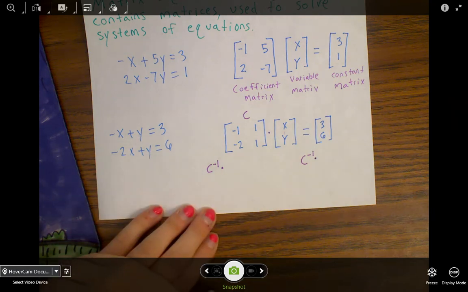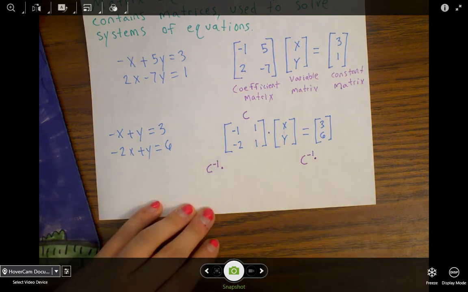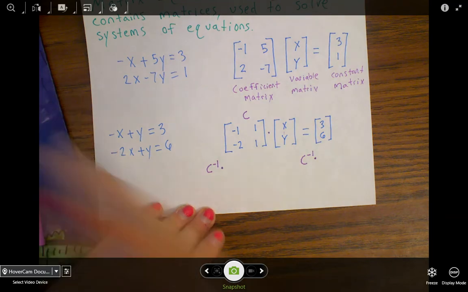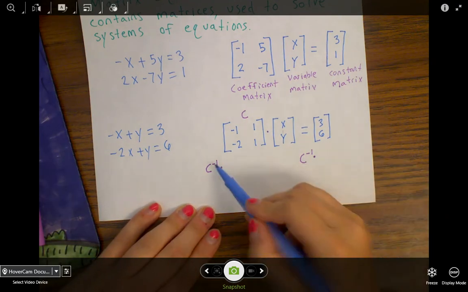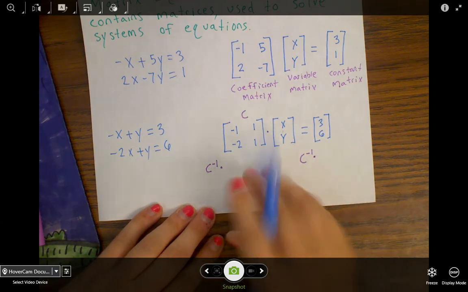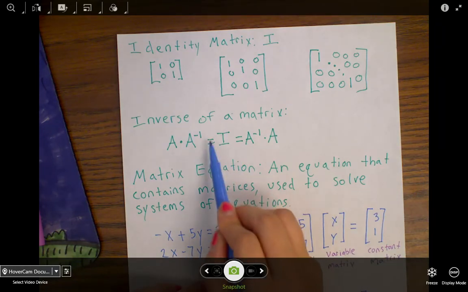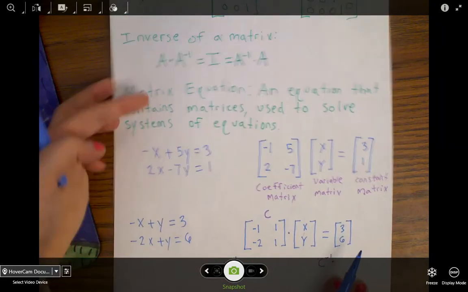And when we do that, it's going to allow us to get our identity matrix on the left-hand side. Because if this is C and I multiply it by C inverse, remember we said that the definition of an inverse is that I get the identity.